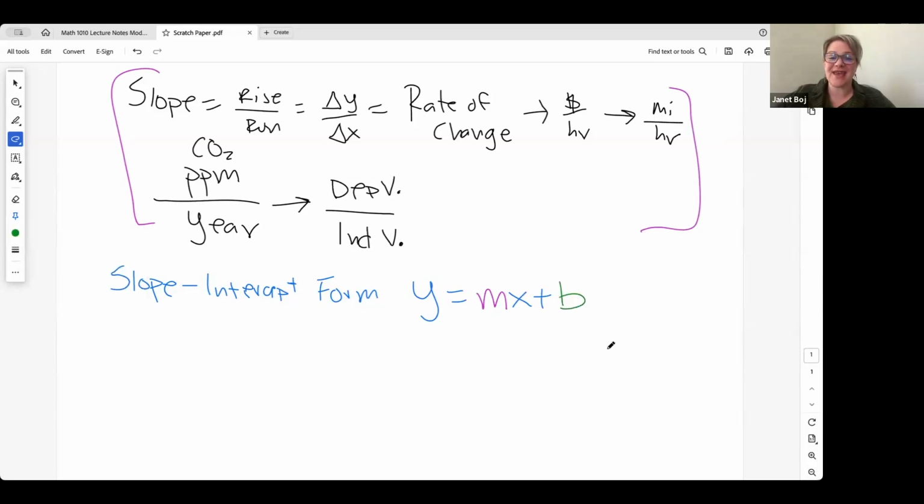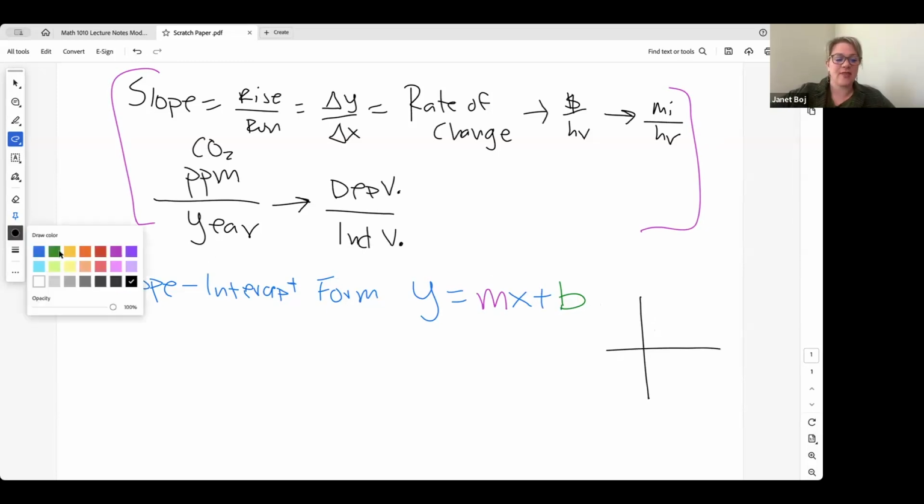B is where you begin, your initial value, maybe a one-time fee or a down payment, just a one-time thing where you begin. And when we're looking at a graph, the B is the y-intercept. So whatever situation, I make this many dollars per hour.